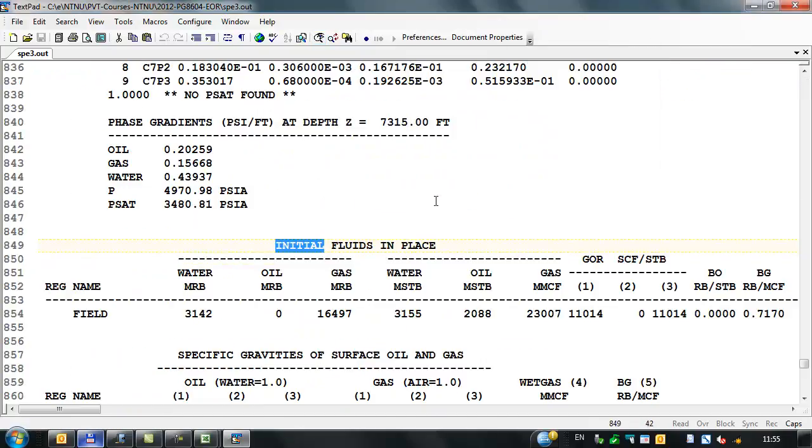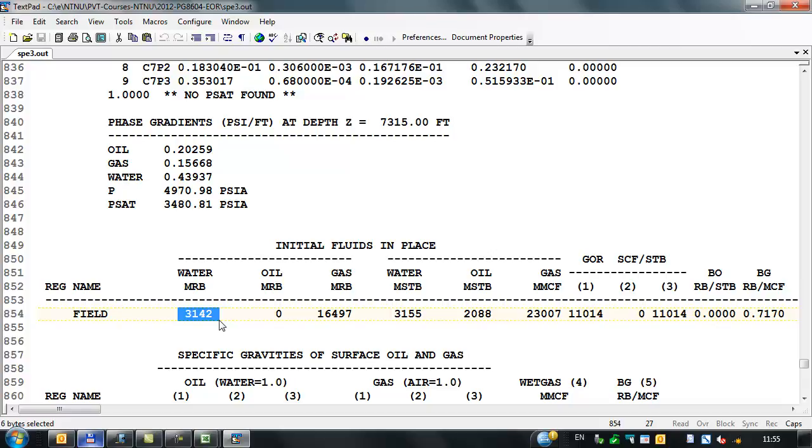Okay, what's one difference? The PVT simulator has no water in it. Okay, now does that really matter? There's no thermodynamics between the water and the hydrocarbons, right?